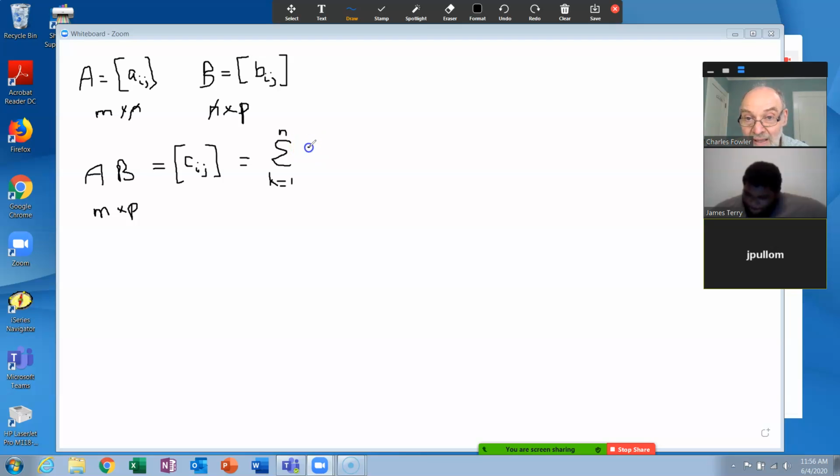You're summing a, and it's going to stay i, but its second counter is now going to be k. It's going to start at 1 and go up to n. And multiply that by the element from the B matrix, b, from k, starting at 1 and going up to n again. So this is going to be the k element, the row number, but this will remain the j.